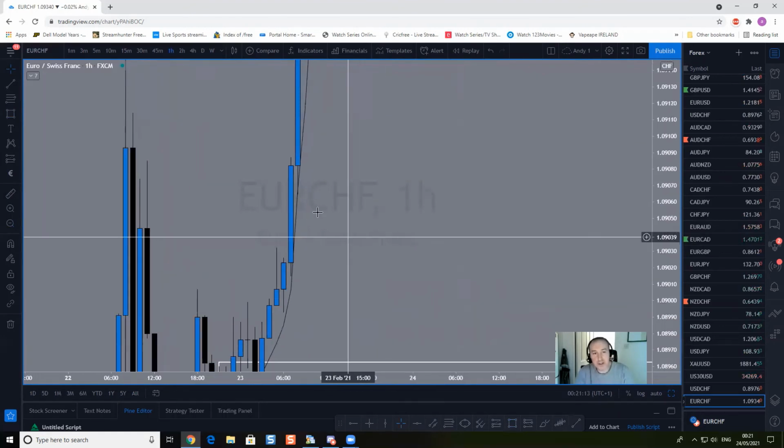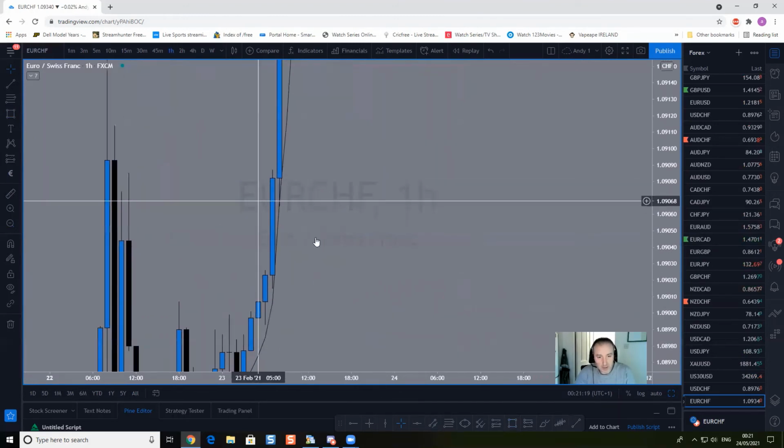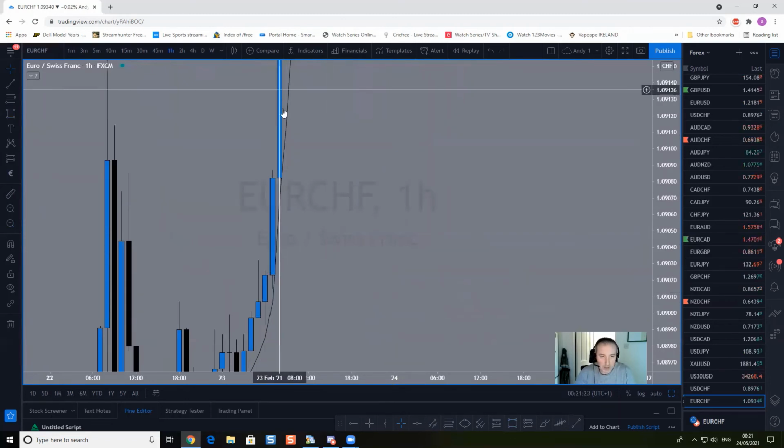Okay, here's something interesting. So we also have IPA in here, okay? So price has pushed past all this and left a footprint that's never come back. So this here, so there's a wick.